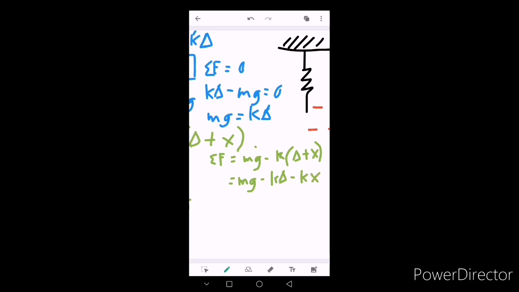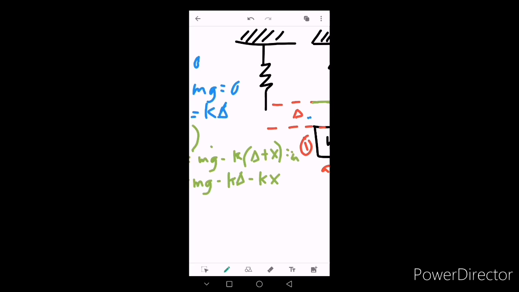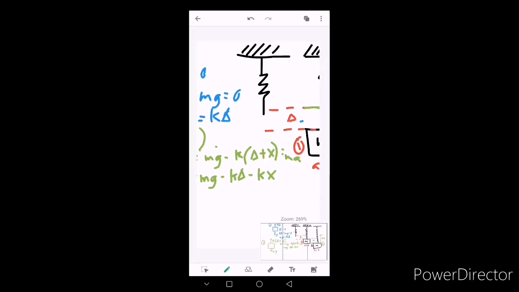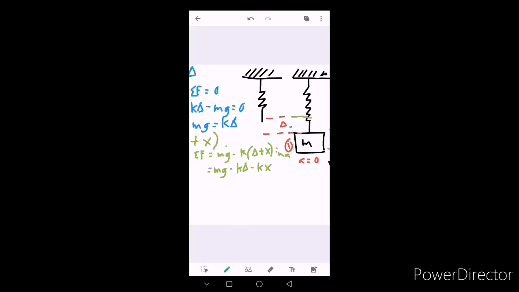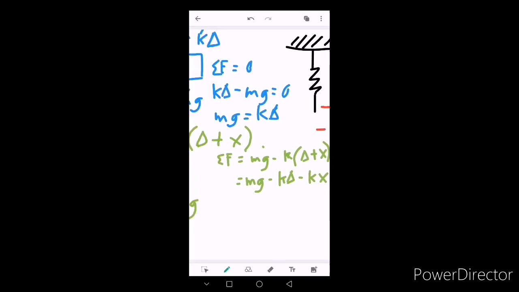And as you could see, since the force acting on the body in acceleration is equal to mass times acceleration, we could equate this to mass times acceleration.